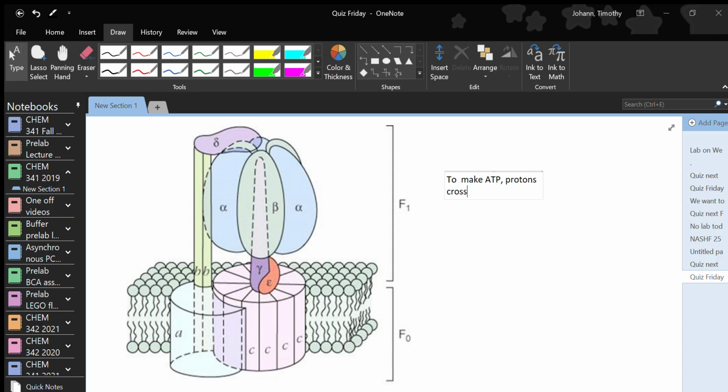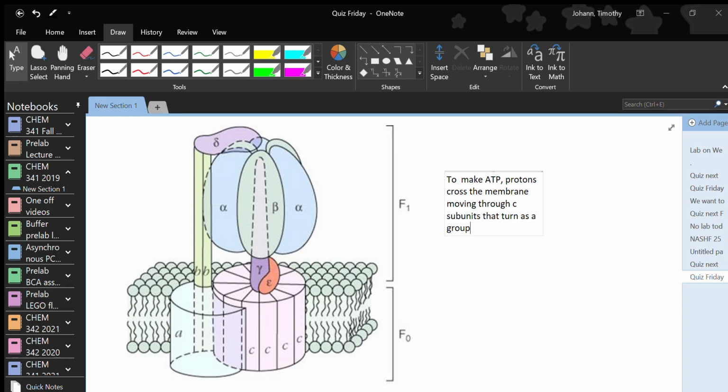So protons are going to cross the membrane, moving through the C subunits that turn as a group. So you see how they make a big circle there? The big circle turns. Okay, this turns, do you see this gamma?